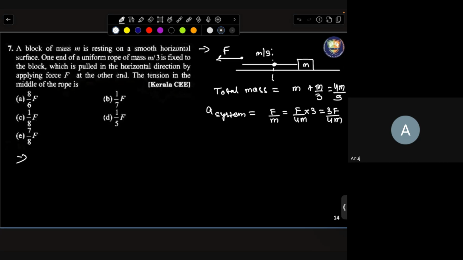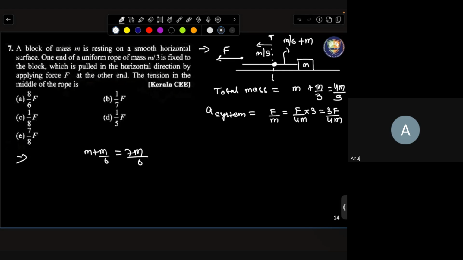So this tension must be pulling this M block and whatever rope mass is there, since it is half, M by 6 plus M, correct? So the mass being pulled by that tension, which is what we need to find, is M plus M by 6, which is 7m by 6.